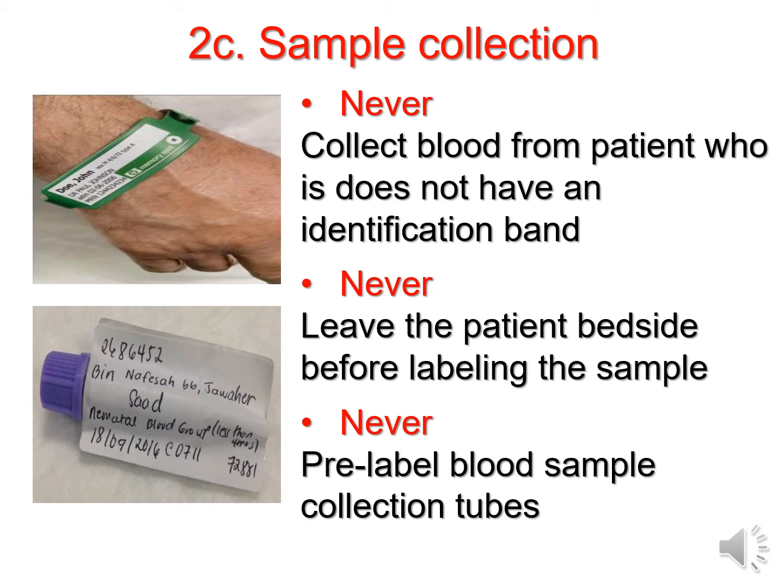When it comes to sample collections, never collect blood from a patient who does not have an ID band. Never leave the patient's bedside before labelling the sample, and if possible include the patient in the process. Never pre-label blood sample collection tubes before going to the bedside. A recipe for disaster.